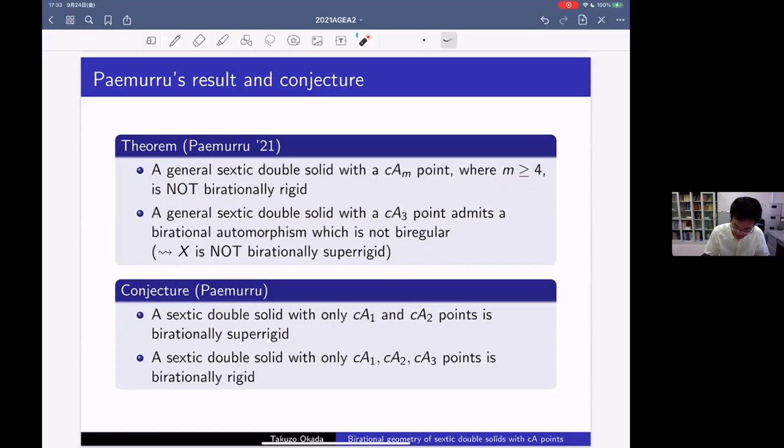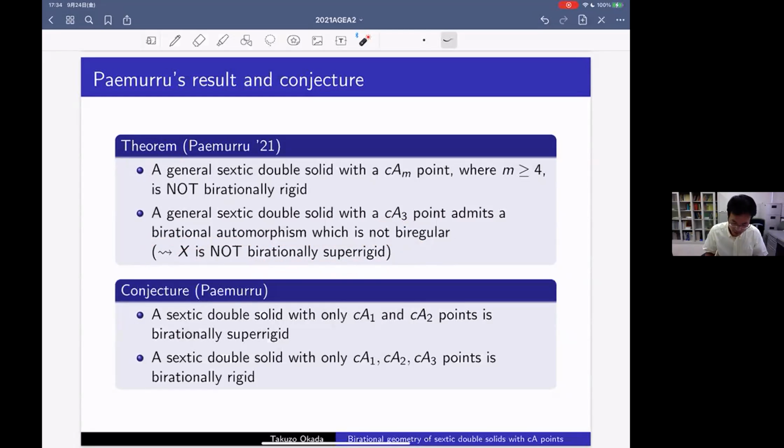And next, also under some generality assumption, a sextic double solid with a CA3 point admits a birational automorphism, a birational self-map, which is not biregular. So at least we can say that X is not birationally superrigid.